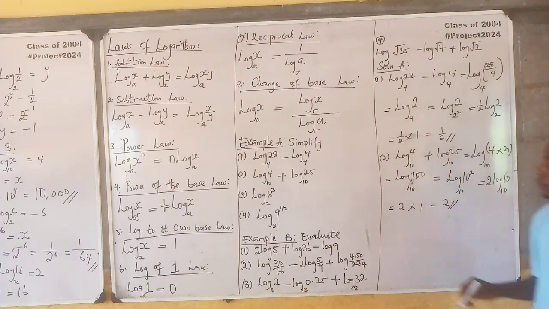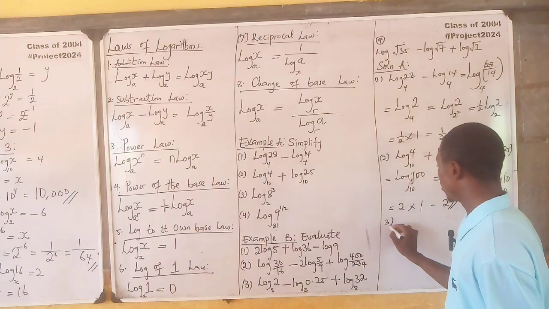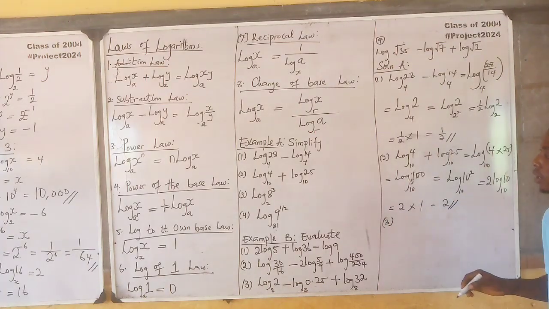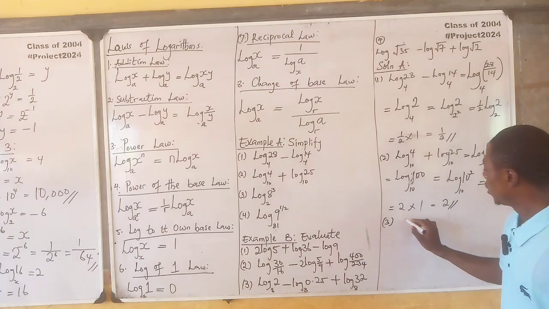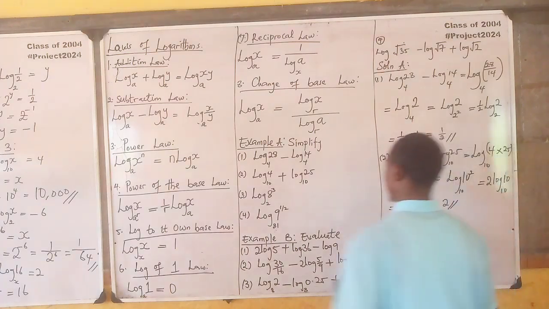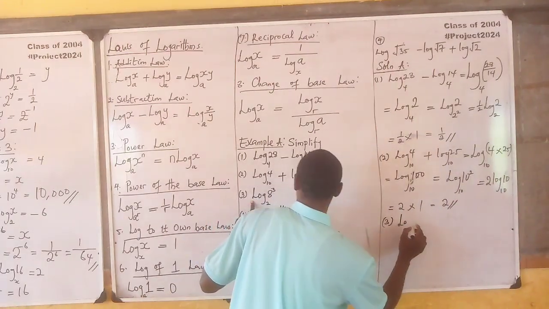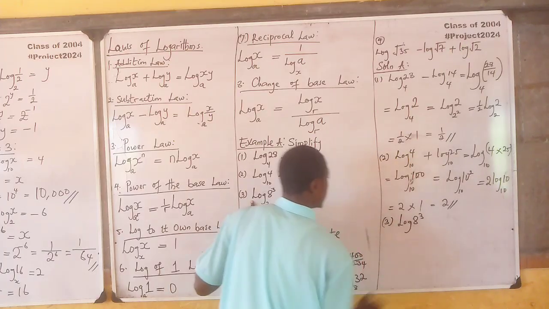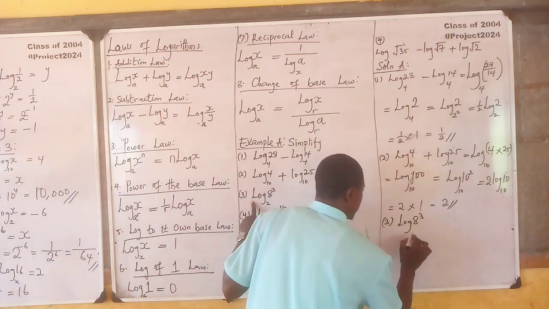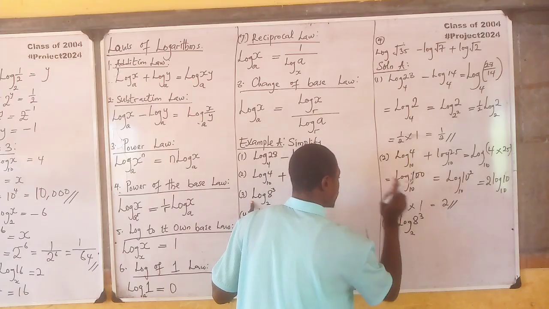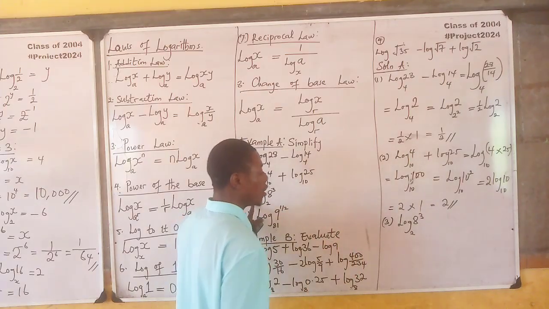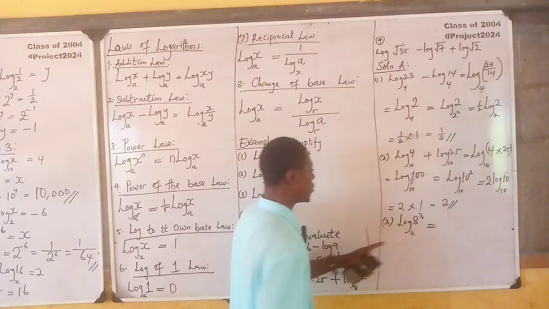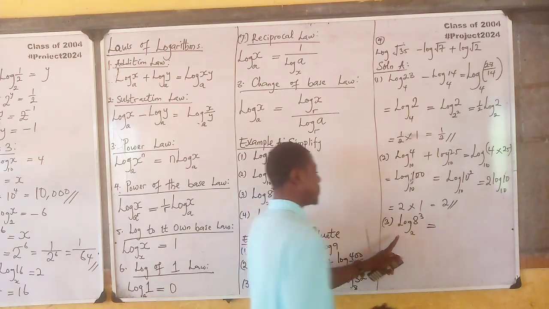Then question number 3 says we should find log of 8 to base 3. Log of 8 raised to power 3, rather, in base 2. So now, what are we going to do? Remember, this 3 can be moved behind.